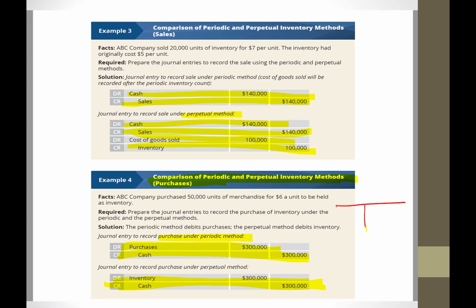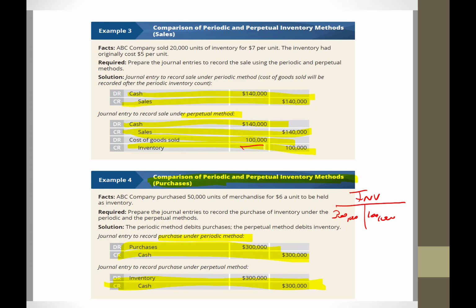Now, just peeking at what we understand from the perpetual method, if I look at my inventory account, I initially debited it for what, 300? And I credit it for 100, and I have a cost of goods sold of $100 here. So I know the answer to the question on the journal entry. In the real world, I'd have to do what under periodic?